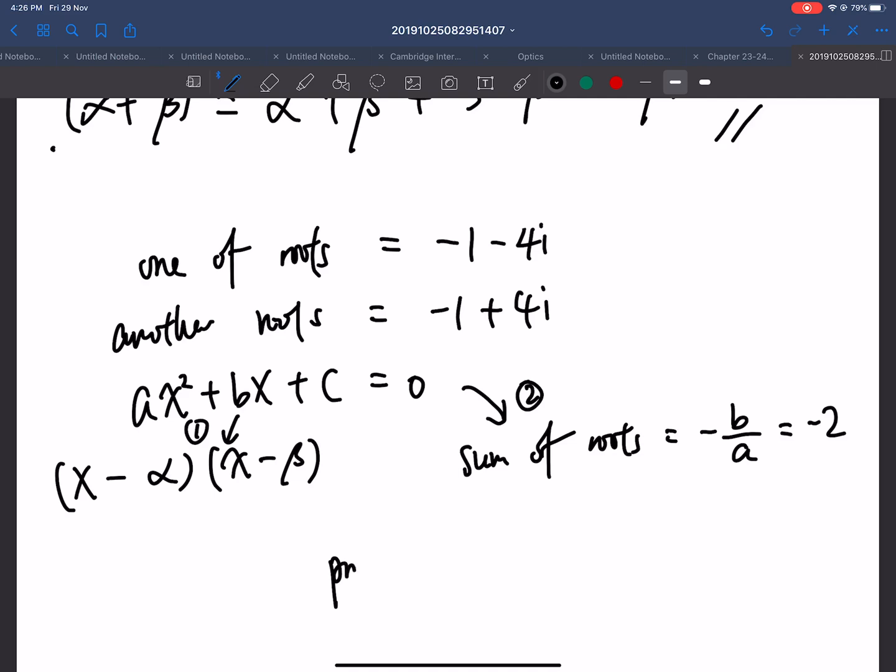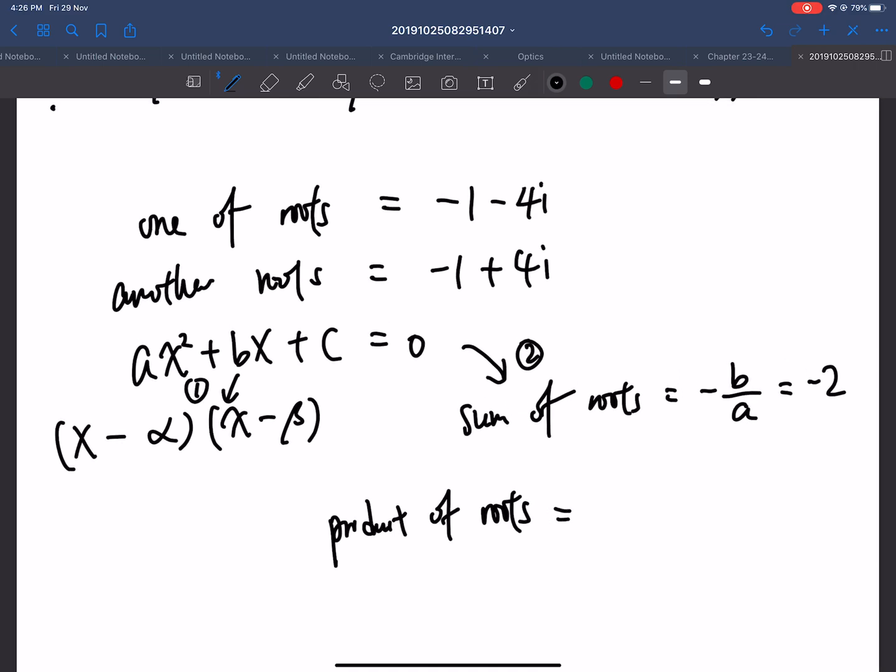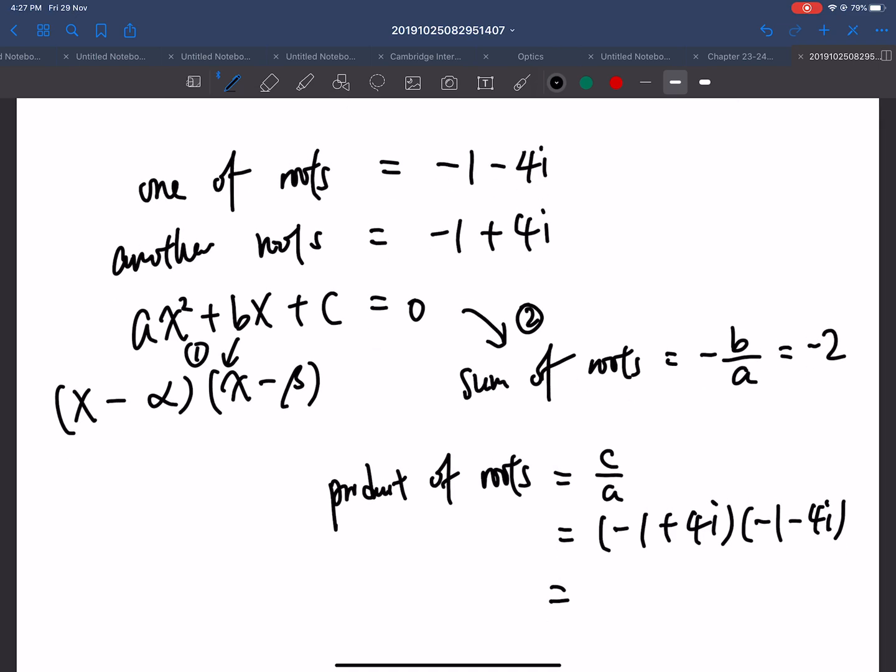How about the product of roots? C over A. And then for the product of roots, you just multiply these two together. Then what is the value? -1 squared minus 4i total squared.